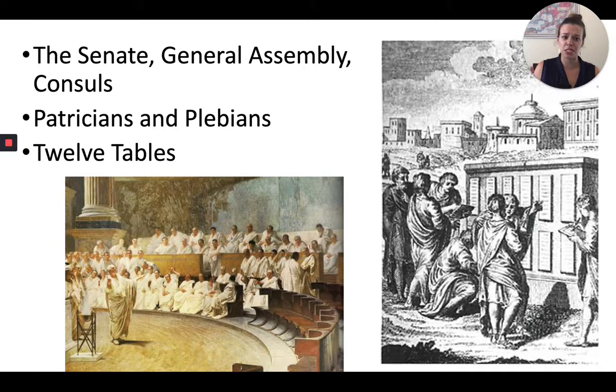Similarly, that's the position of the consuls. So the consuls, there's two of them, shared executive power and controlled the military. They are going to change fairly frequently. If there was a problem, like a war or something like that, the Senate could appoint a dictator to hold emergency power for 6 months.